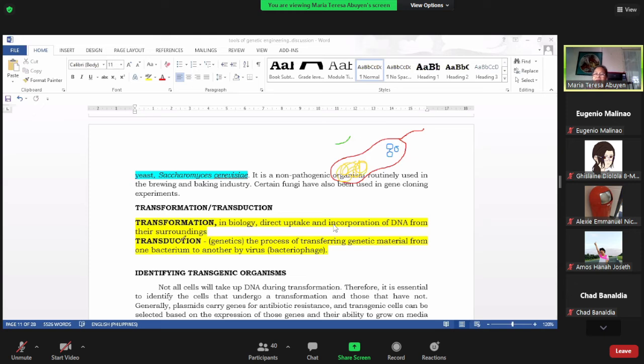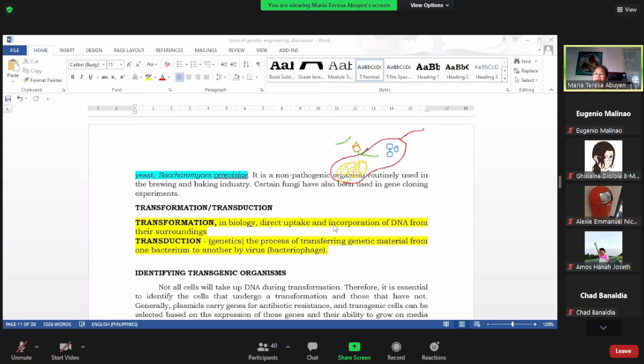In transduction, what carries the foreign gene is a virus. Let's take for example a virus. It will inject this DNA into the bacterium. The bacteriophage itself does not enter.